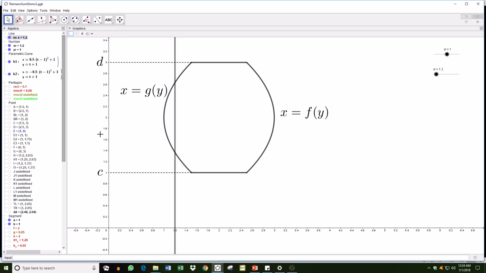Because, as you can see, this curve, x equals g, the left side curve, fails the vertical line test. That means if we draw a vertical line, that vertical line is cutting the graph at more than one point, which is a no-no for a y equals f of x type of curve, right? However, this does pass a horizontal line test. I don't happen to have one, but I could have illustrated with that.